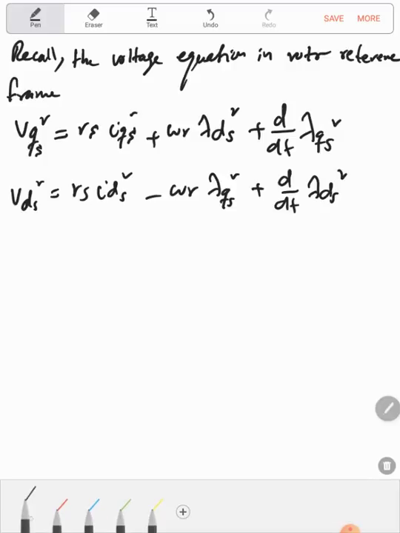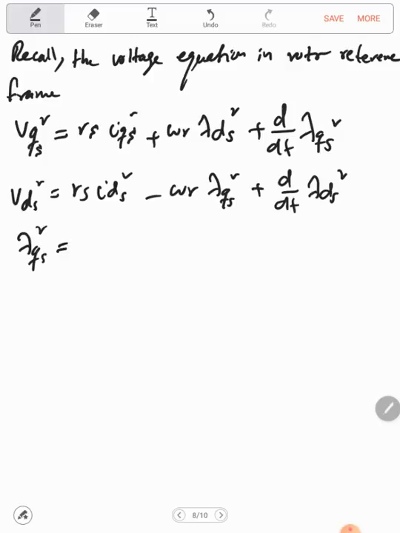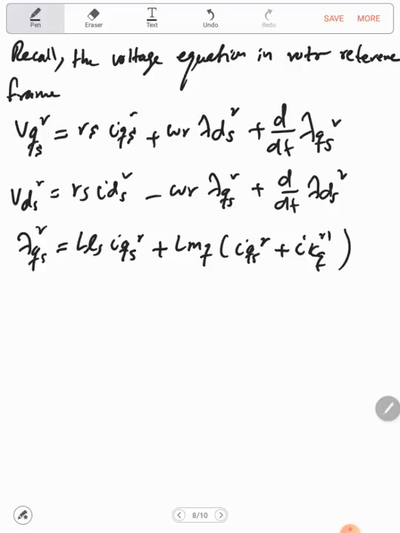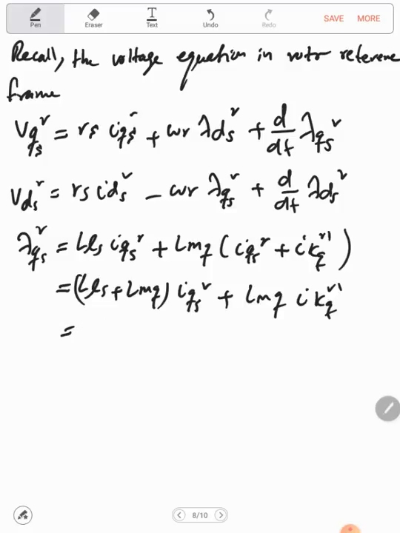Now the flux linkages. Lambda QSR equals LLS IQSR plus LMQ times IQSR plus IKQR dash. Now if I spread the variable, this will equal LLS plus LMQ all multiplied by IQSR plus LMQ IKQR dash, and this can be written as LQ IQSR plus LMQ IKQR dash.